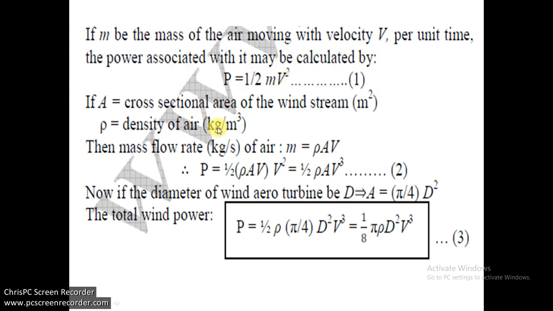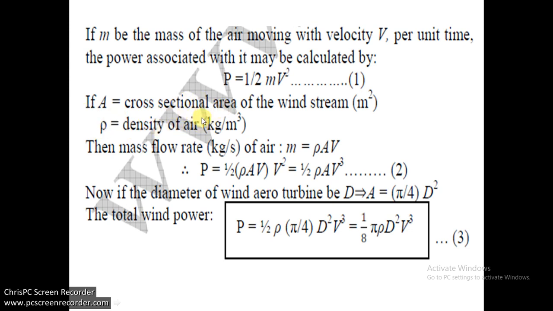Suppose A is the cross-sectional area of the wind stream and rho is the density of air. Density is a dependent parameter which depends on temperature. The higher the temperature, the lower the density, and the lower the temperature, the higher the density.